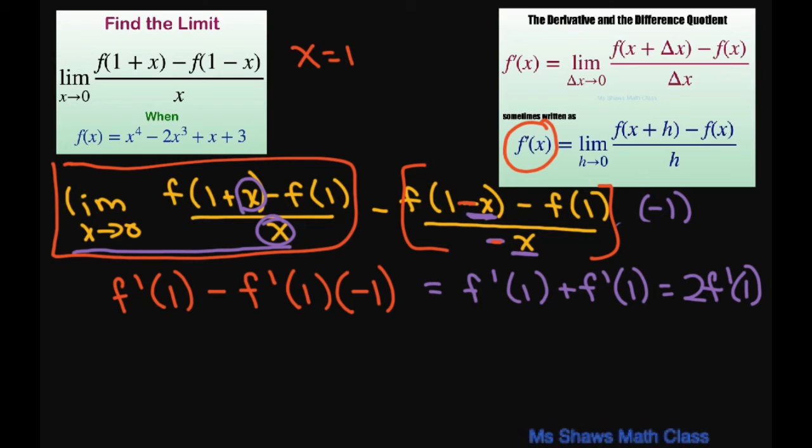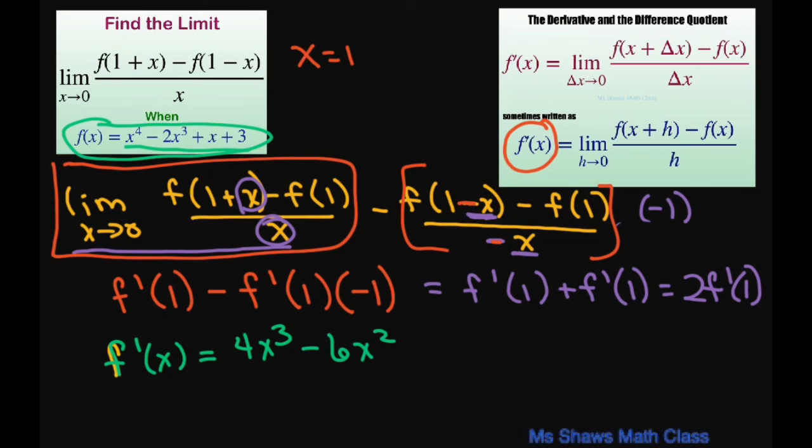So from here, what I'm going to do is go ahead and take the derivative of this. So I'm going to take f prime of x. So you take this derivative, this is going to equal 4x cubed minus 6x squared plus 1. So now I want to do f prime of 1.